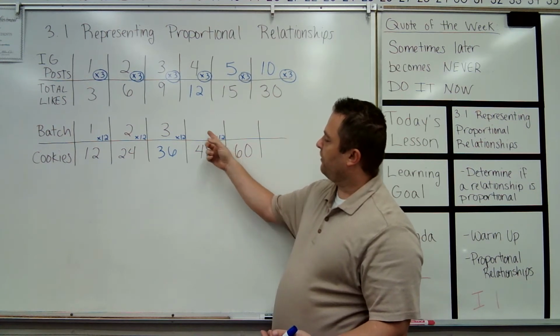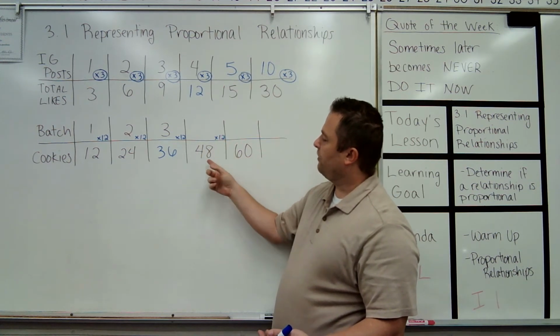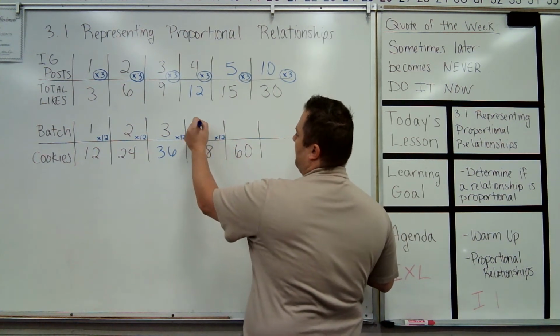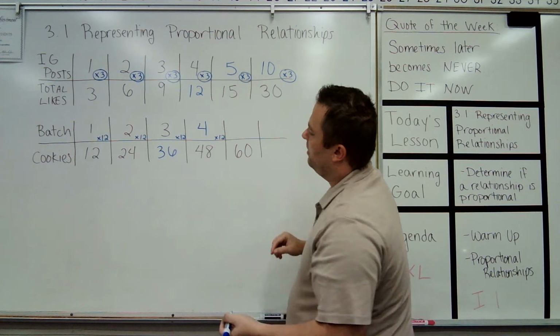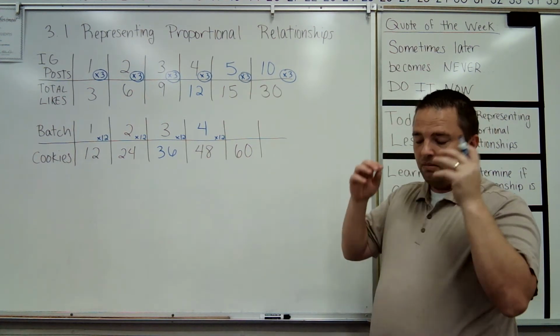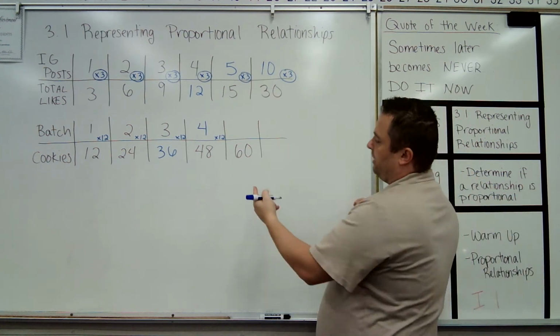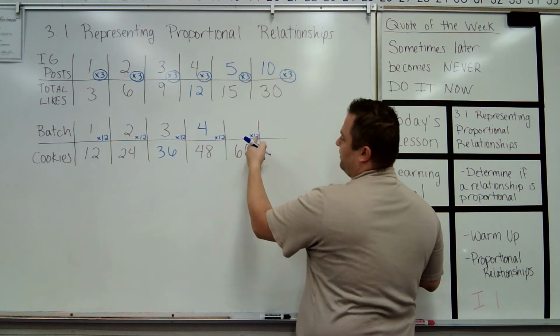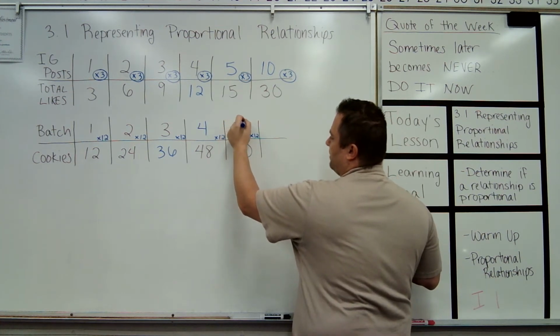If I know this number times 12 equals 48, 48 divided by 12 will give me 4. This is using opposite operations, okay? For some of you, this is a review, and some of you are like, mind blown, okay? Something times 12 is equal to 60. So 60 divided by 12 is 5.